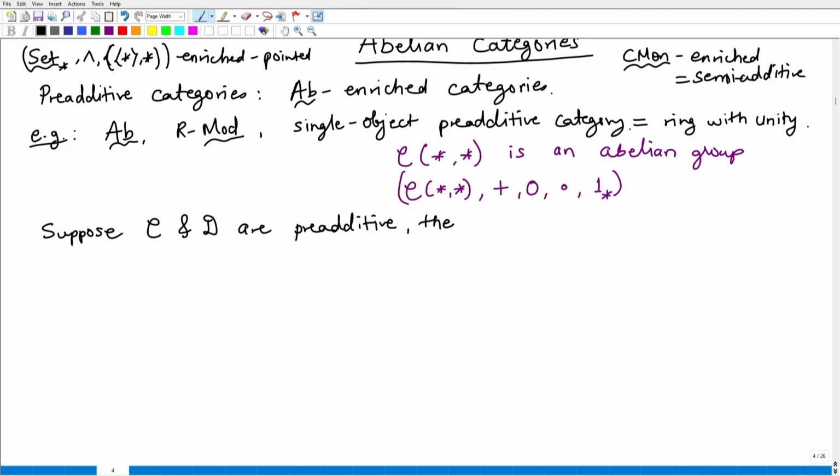Then a functor F from C to D, I should say an enriched functor, an Ab-enriched functor, is called an additive functor.